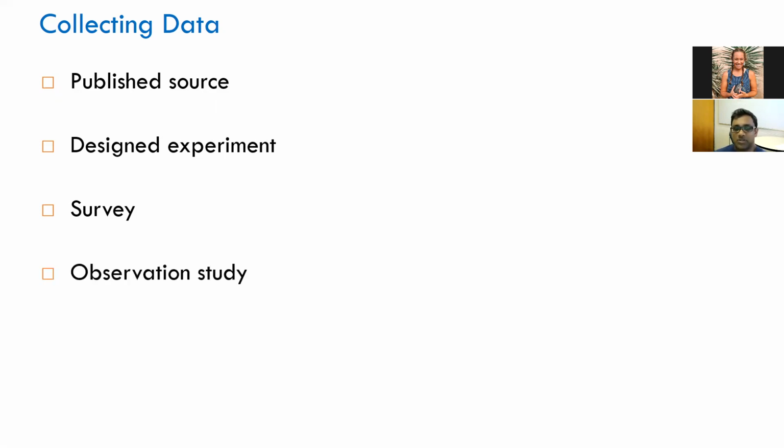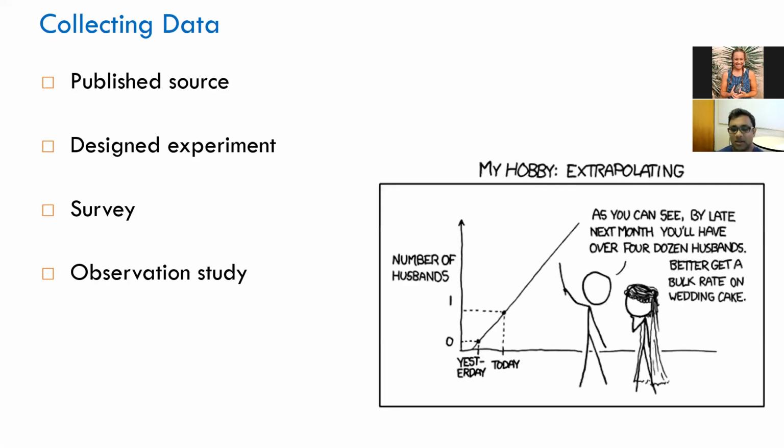And you can do the observation study. You can just observe something and then collect the data. So you can collect in 4 different ways. Those who are doing meta-analysis or related to meta-analysis, you definitely use the published sources.